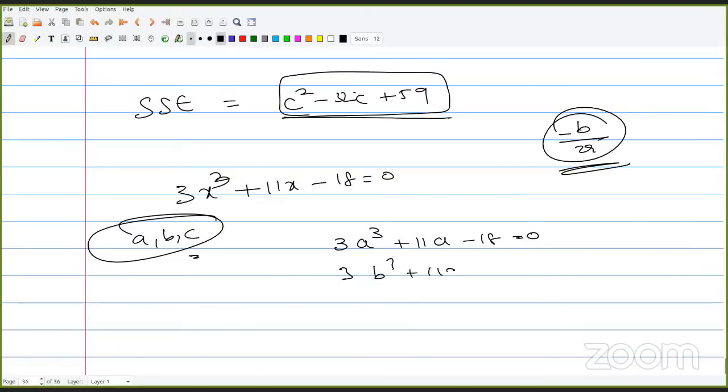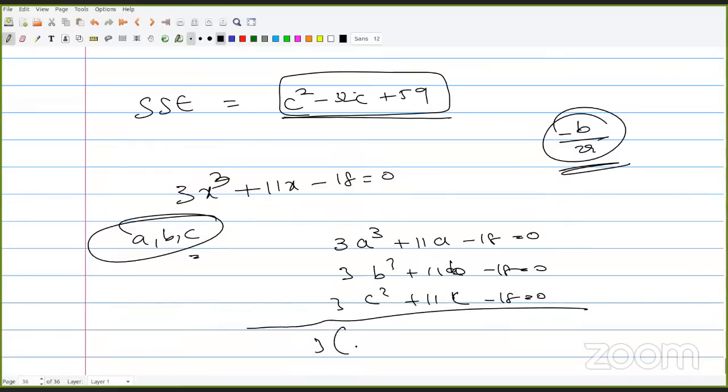Similarly 3b cube plus 11b minus 18 equals 0, and 3c cube plus 11c minus 18 equals 0. If you add, you get 3 times (a cube plus b cube plus c cube) plus (a plus b plus c). Since the sum is 0, this will cancel out and you will get 54, and you will get 18. See this three term here.